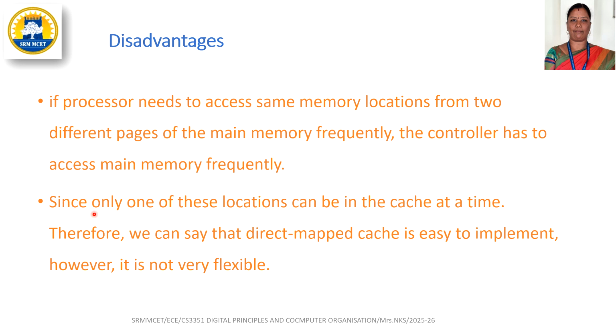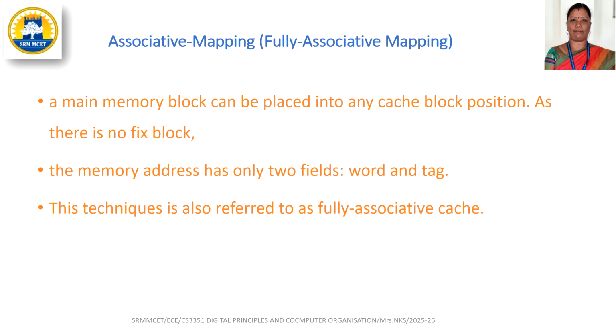Another disadvantage is that only one of these locations can be in the cache at a time. Therefore, the direct mapped cache is easy to implement, but it is very difficult to operate. Next we will see the associative mapping.